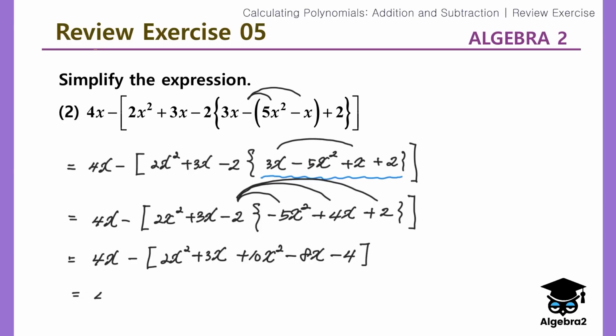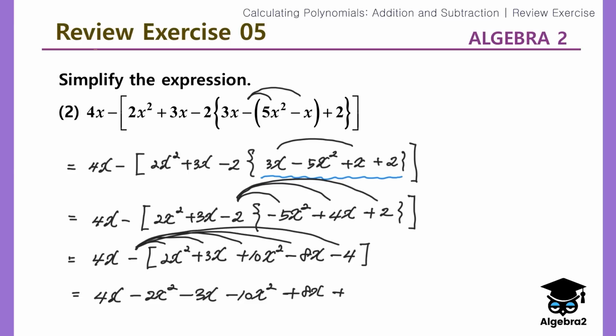So that's going to be 4x minus 2x squared minus 3x minus 10x squared plus 8x and plus 4, right? So finally, let's look for the like terms.